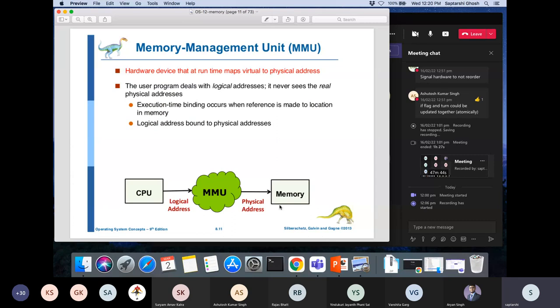So we have what is called a memory management unit. It's a hardware device that maps virtual to physical addresses at runtime. That is important: at runtime. Just as an aside, I'm not going into details here, but from writing a program to its actual execution, the address mapping happens in multiple stages.